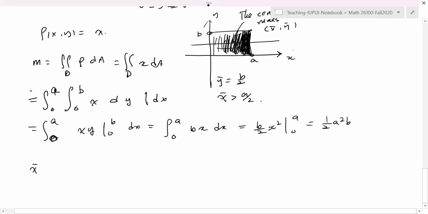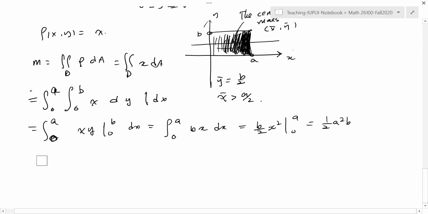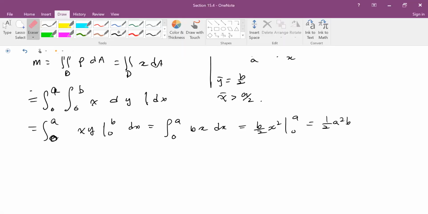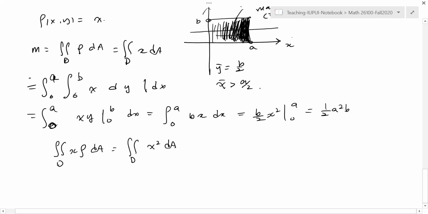Then you have to find x bar. You have to evaluate the integral. First, let's evaluate the integral of x times the density function. So this integral will be x times x dA, so this is actually x squared dA. This time I'm going to put y outside, x inside.